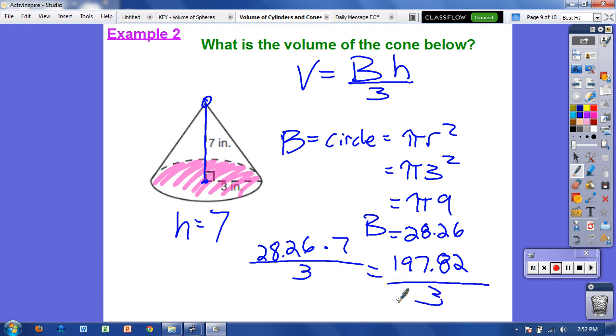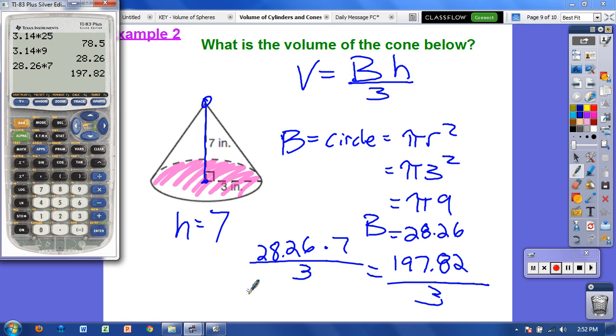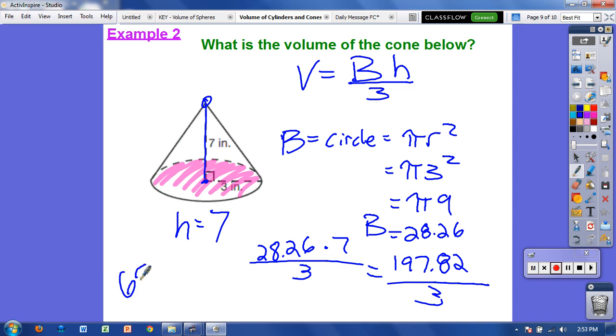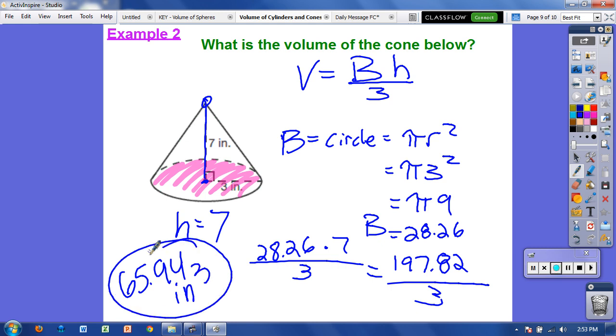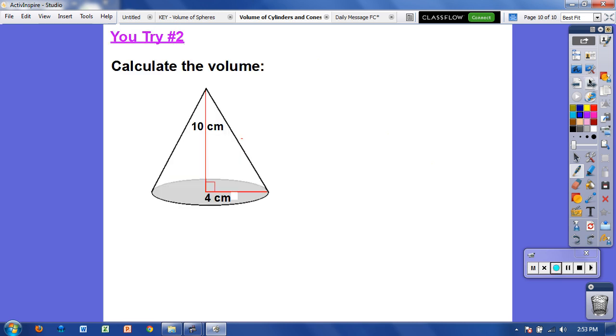And then we're going to divide that by 3, which would be 65.94 cubic inches. So that is how you find the volume of a cone. And so this will be the second U-try. You do this one, and we will discuss both of these in class on Thursday.